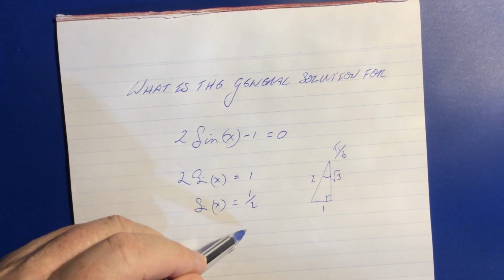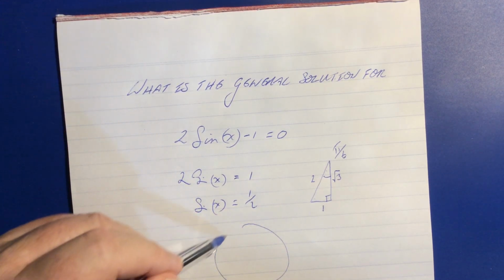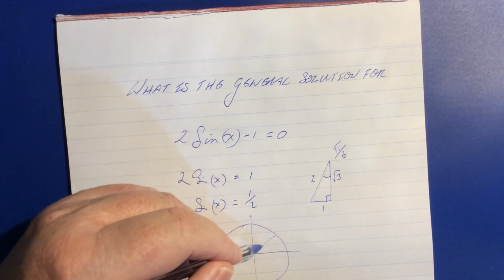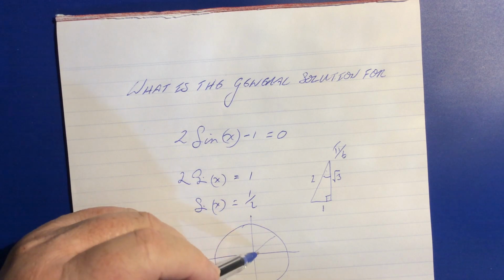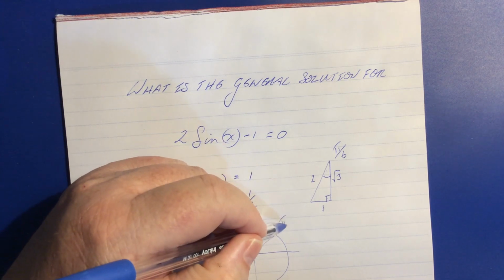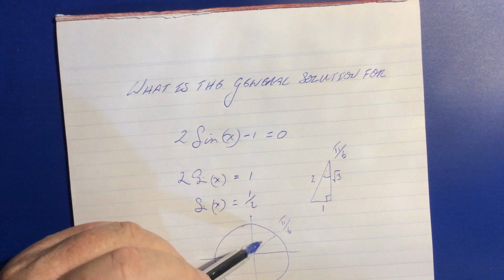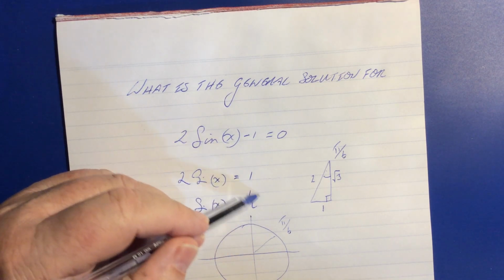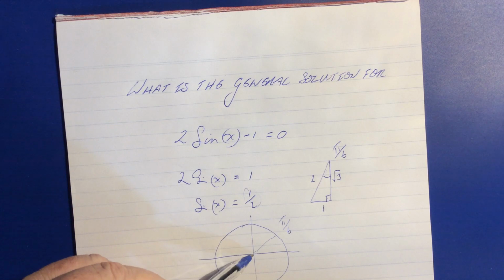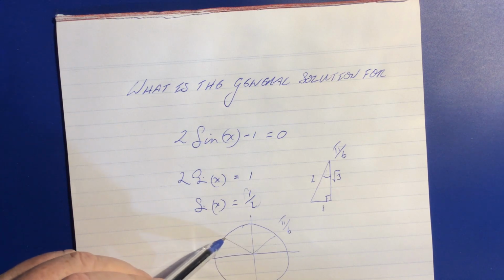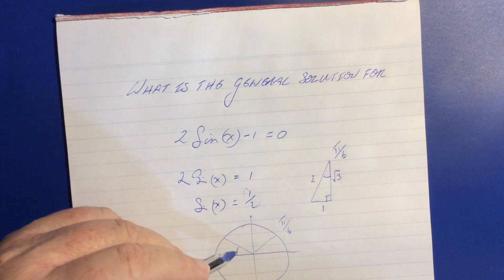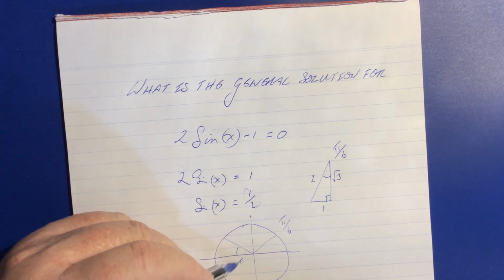Okay, now if we look at the unit circle, badly drawn here, pi on 6 is somewhere here. And sines are positive here. We're looking for a positive value. Sines are also positive over here. And this angle here is going to be pi on 6.